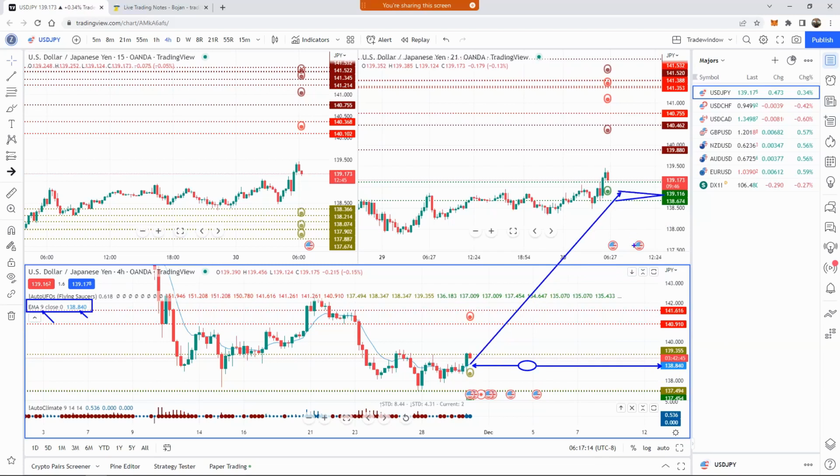So that means this 138.840 is within the UFO itself, and that's what we want to see. We want to overlap. We want confluence of information.